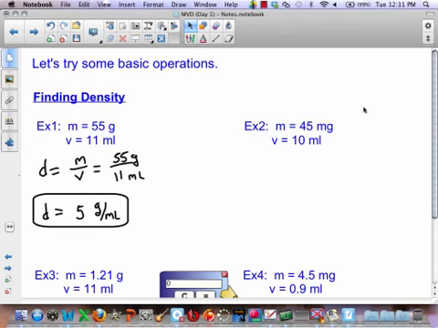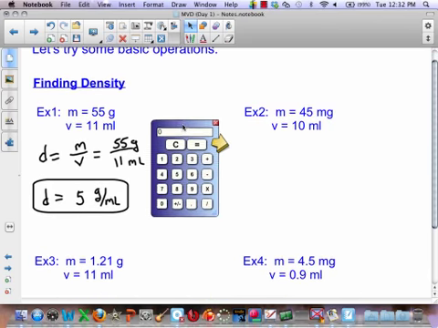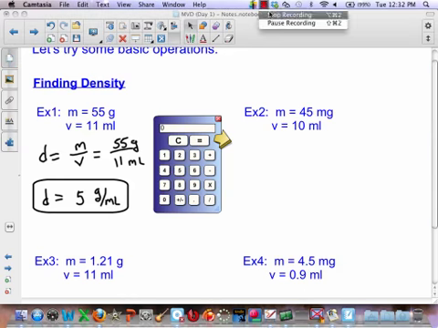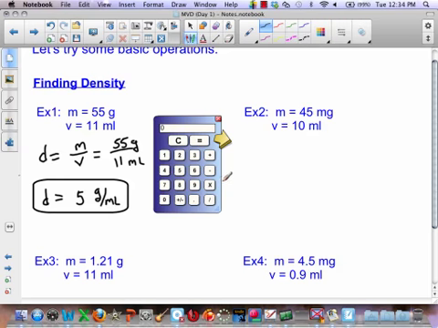And I want you guys to do the next 3. Tanner, here for number 2. Well, we're going to take our mass and divide it by our volume, right? That's 45 milligrams divided by 10 milliliters.